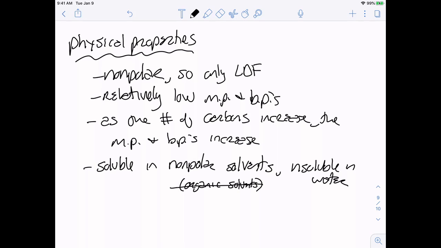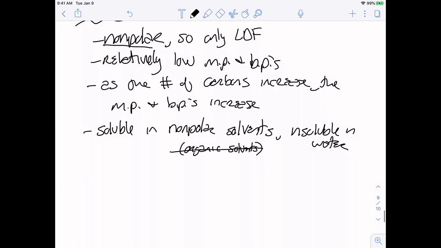So in the world of solvents, if you see organic in front of it, they mean non-polar. Sorry if that's confusing. I know it's confusing. It confused me when I was learning it, so I don't mean to confuse you also. So we'll just say soluble in non-polar things because it's non-polar, right? Like dissolves like, and insoluble in water because water is polar.